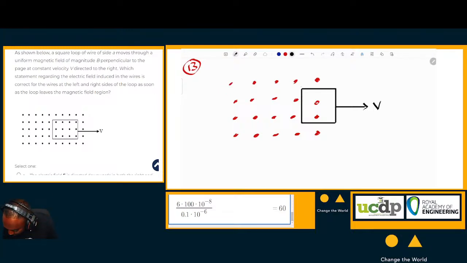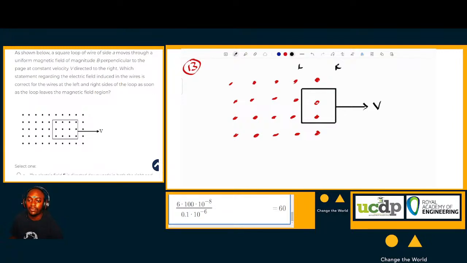So we've got the left side and the right side. The left side is still inside the magnetic field, and it's still cutting across the magnetic field, and therefore we expect to induce a current to flow, because there is a change in flux.